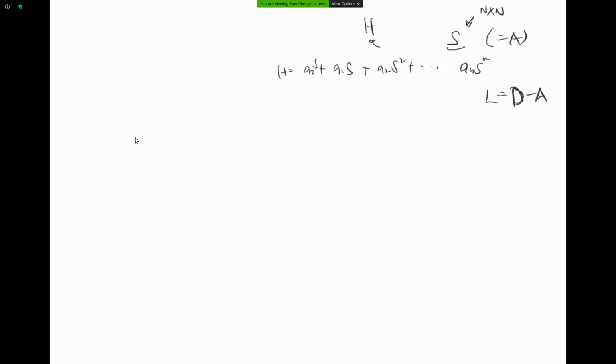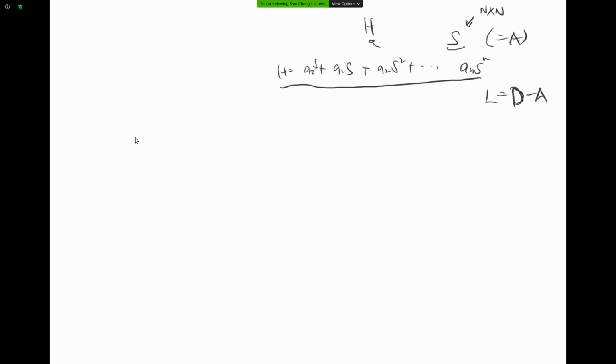Okay, so this is the earlier proposal, I would say, and apparently this can be implemented in a distributed manner.